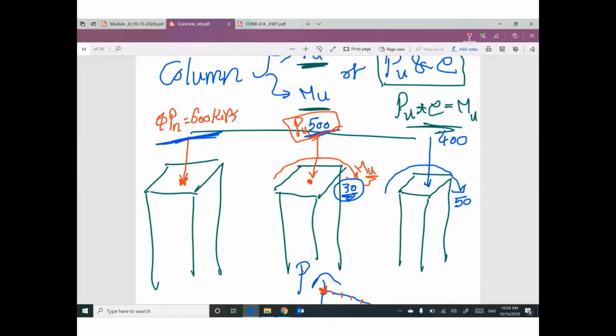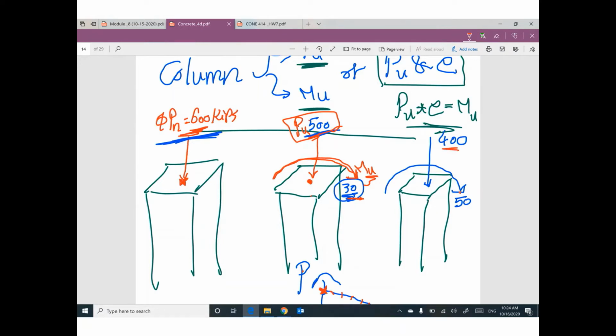If you apply a little bit of moment, the load will be decreased. Why? A little bit of the capacity of this column is exhausted due to the effect of moment, so the remaining capacity will not be the same. And if this moment increases, the axial capacity will decrease.